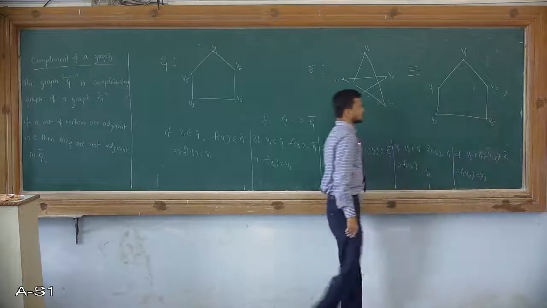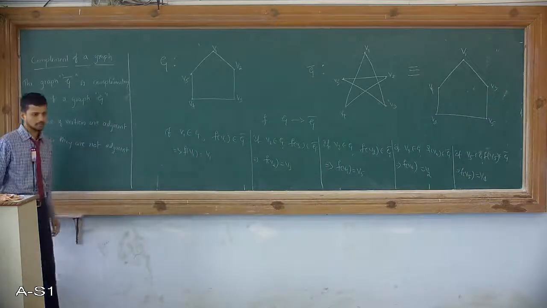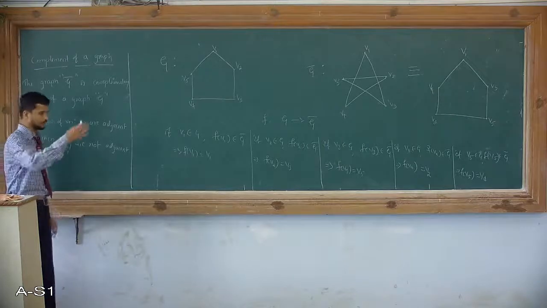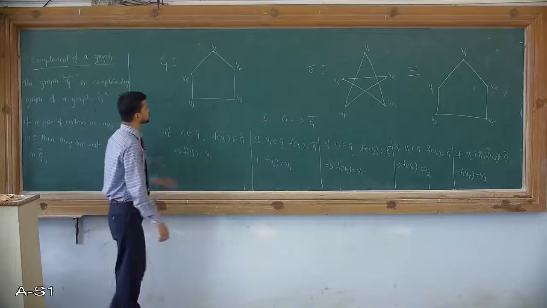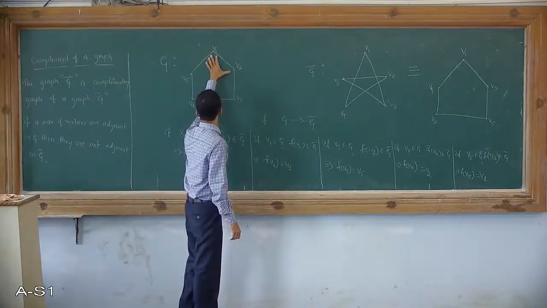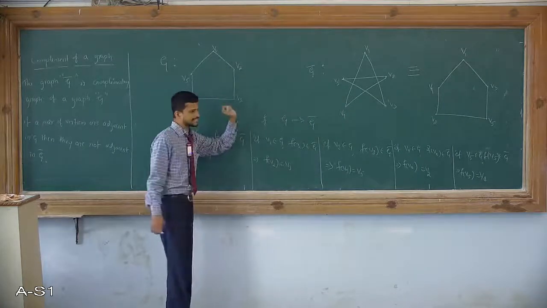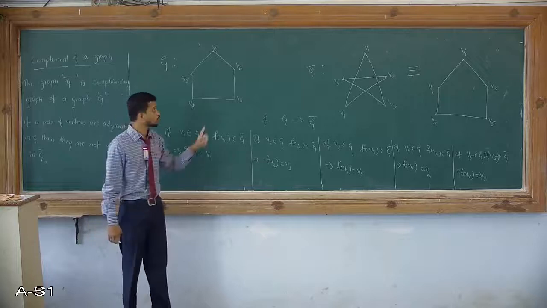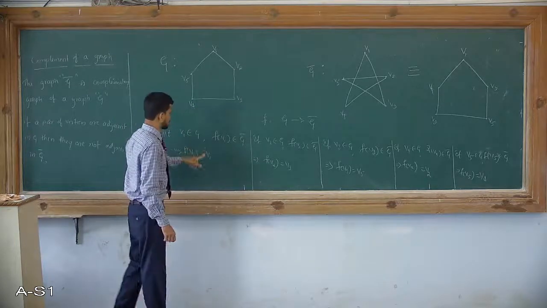So now here we need to develop an adjacency also, but I will not write in detail everything on the board. I will just explain by taking up two vertices. V1 and V2 are connected in graph G. So the corresponding vertices in G bar: f of V1 is V1 again.